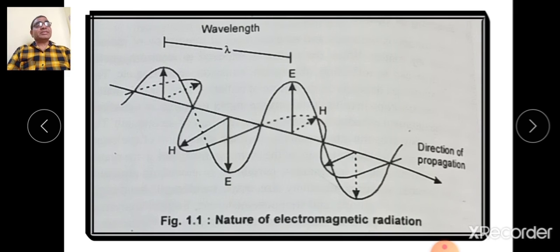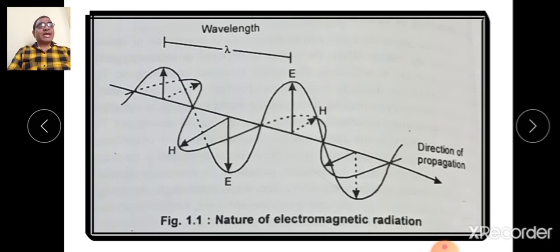The radiation consists of mutually perpendicular electric and magnetic vectors, and they are perpendicular to each other, also perpendicular to the direction of propagation. As these radiation do not require any medium for transmission, they readily pass through the vacuum.